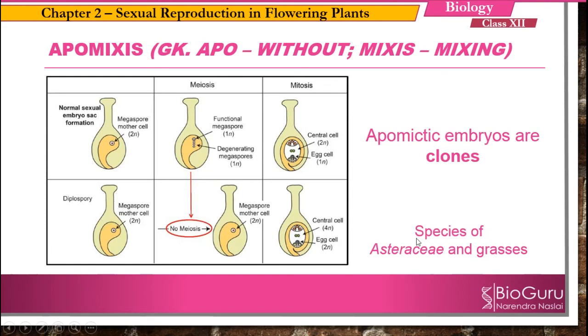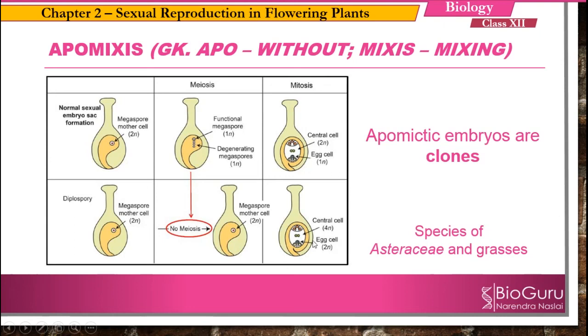But in some species of Asteraceae and grasses, the megaspore mother cell, which is diploid, will not undergo meiosis. Directly, without undergoing meiosis, it undergoes mitotic division, only nuclear division. So this diploid nucleus undergoes mitotic division and forms an embryo sac having a diploid egg cell.